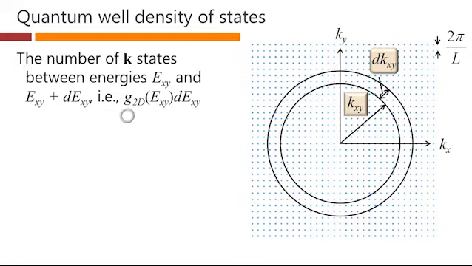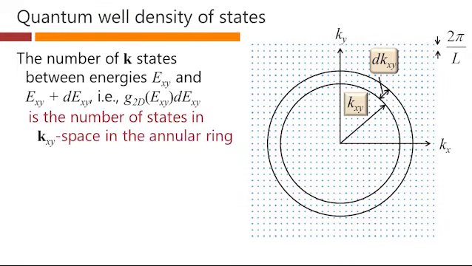That number by definition is going to be this quantity. So this quantity is the number of states in kxy space in this annular ring. And this annular ring has an area that's given by the circumference of this circle times this distance here in kxy space between one circle and the other.